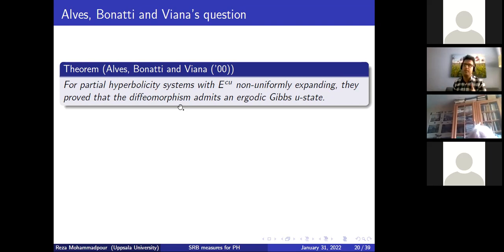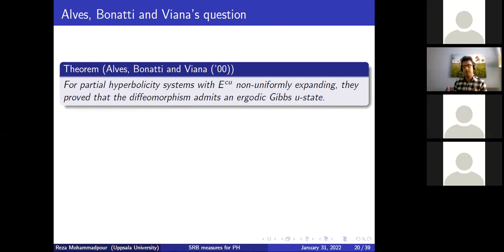They prove that the diffeomorphism admits an ergodic Gibbs u-state. So for a general partially hyperbolic system, if you have non-uniform expansion, there exists a Gibbs u-state. So if the Lyapunov exponent of this Gibbs u-state is negative, the measure is SRB.